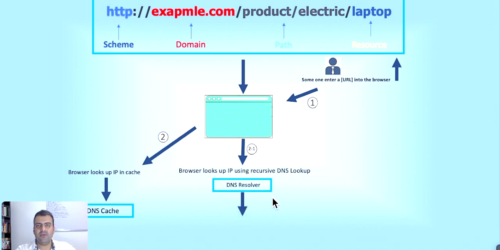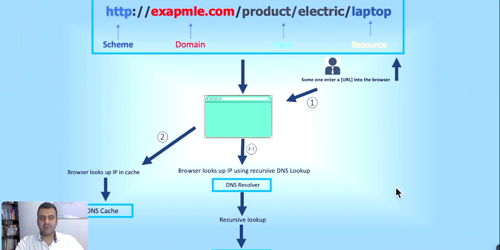This sets off a chain of requests until the IP address is resolved, and this is an elaborate and elegant process. Just keep in mind that this process involves many servers in the DNS infrastructure, and the answer is cached every step of the way. Now finally, the browser has the IP address of the server, in our case, again, example.com.